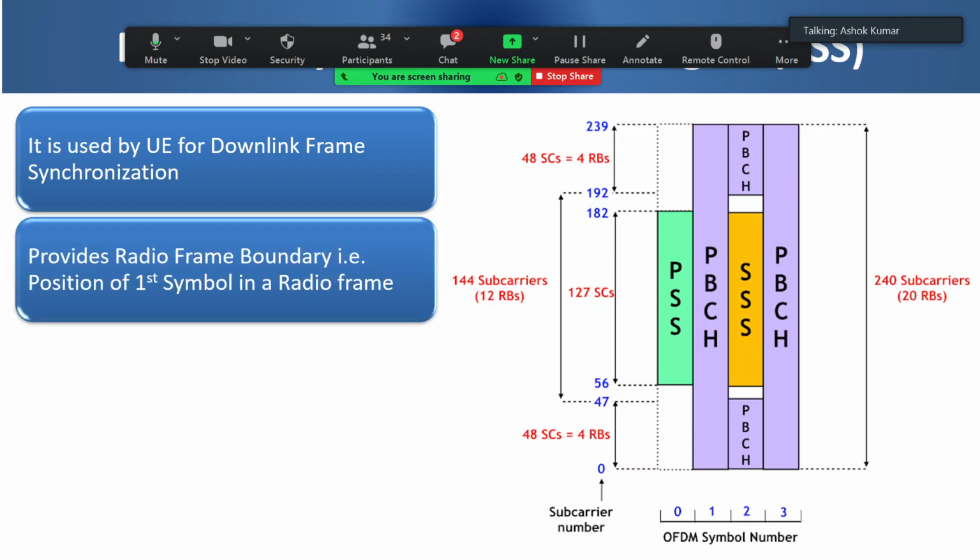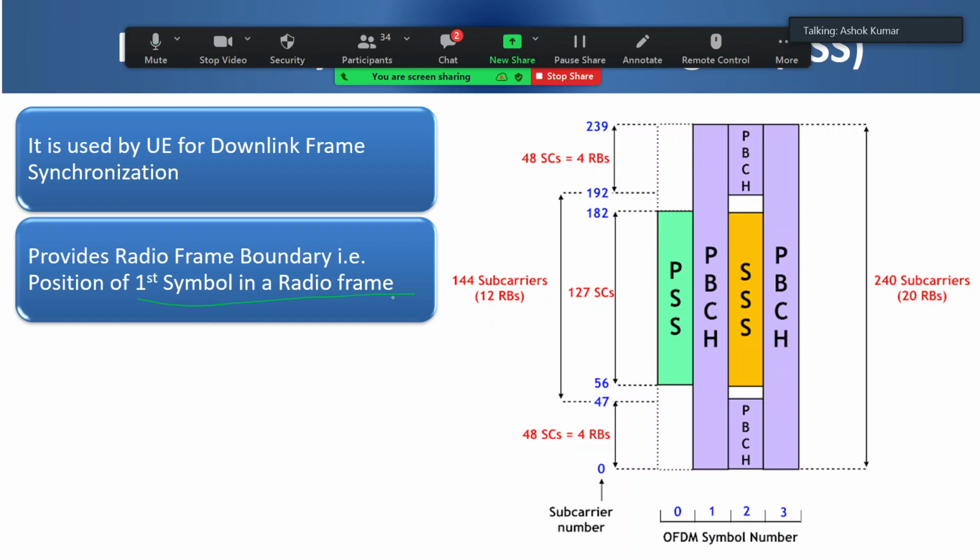In particular, if you talk about PSS, what it gives is the first symbol in the radio frame. If my device is able to receive the synchronization signal block, it will be able to synchronize with the first symbol in a radio frame. The radio frame is of 10 milliseconds. So the PSS will give that information about the first symbol coming in that frame.